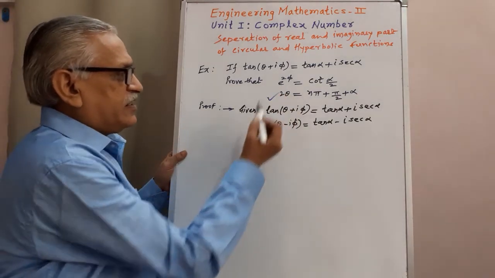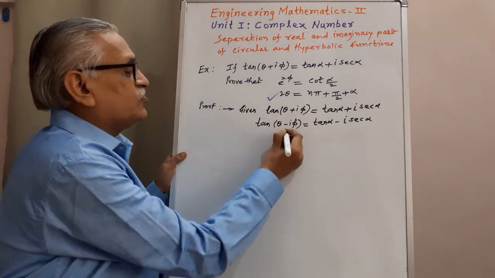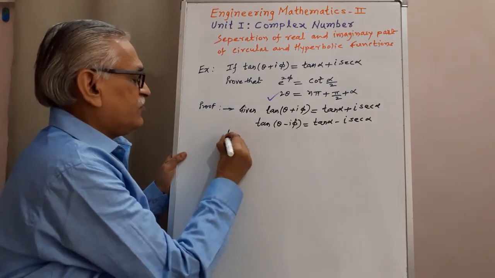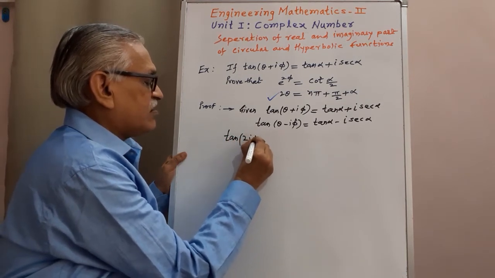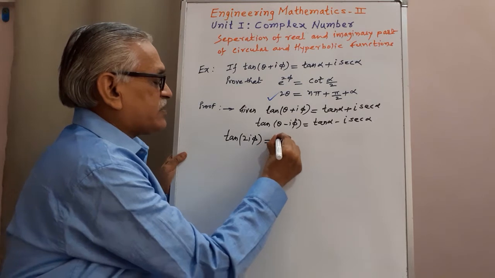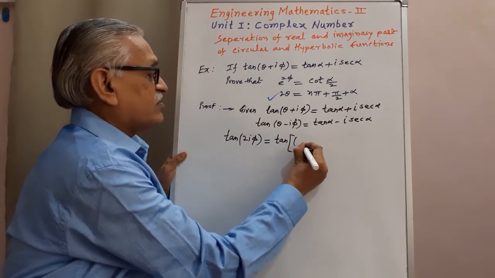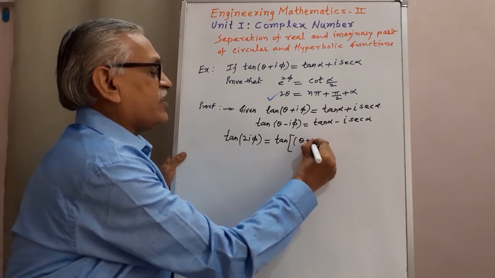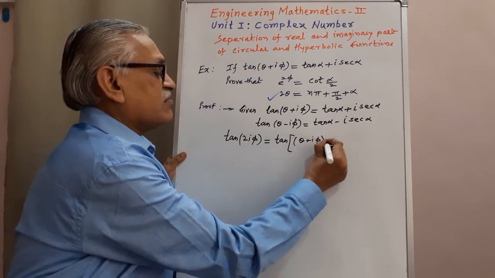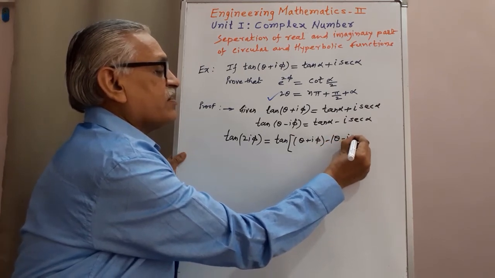Then to obtain the second result, we take the subtraction of these two terms. Therefore, it is tan of 2 i phi, nothing but tan of (theta plus i phi) minus (theta minus i phi).